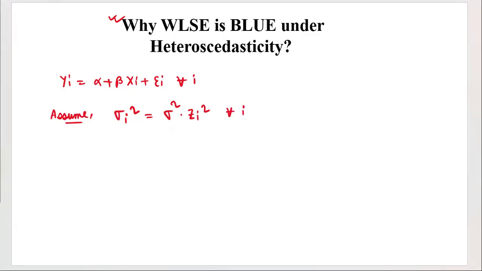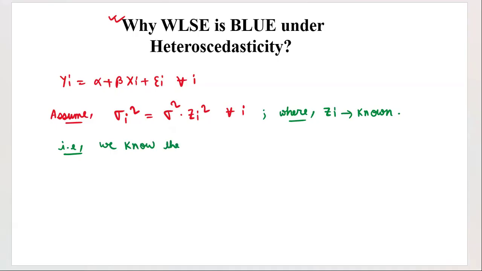This means that the zi's are some known values, that is, we know the error variance up to a multiplicative constant.